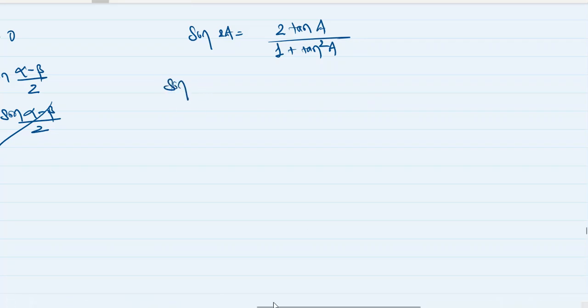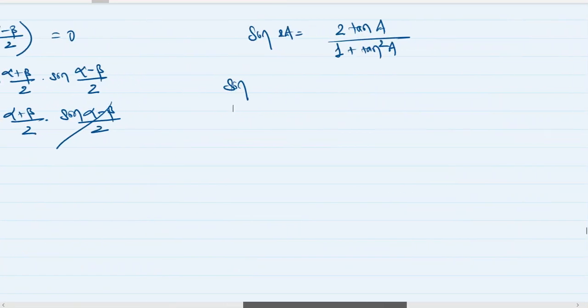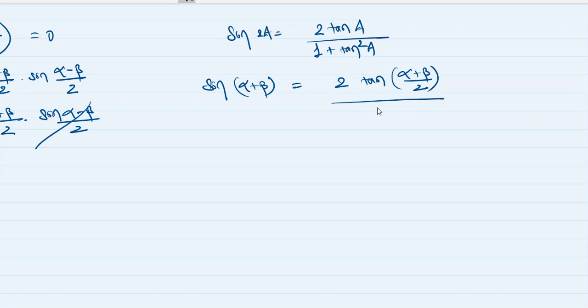We have to find the value of sin(alpha plus beta). So in the place of 2A, if I write alpha plus beta, the formula will be 2 tan((alpha plus beta) by 2) the whole upon 1 plus tan square((alpha plus beta) by 2).